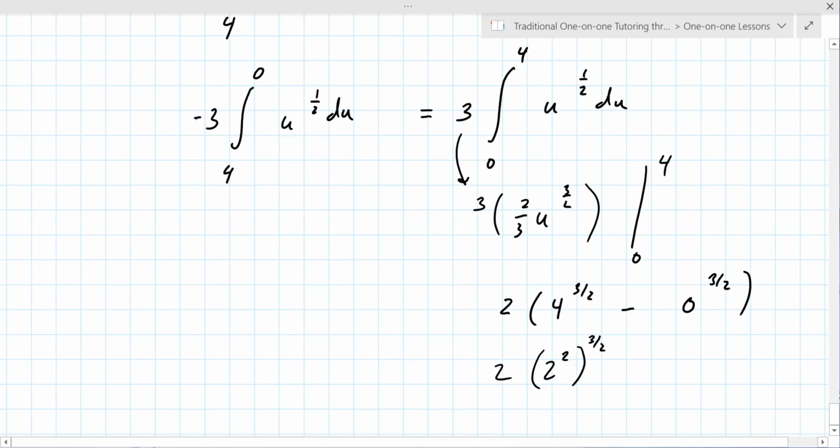So the 2 times 3/2, the 2's cancel, just 3. 2 to the 3rd is 8 times 2 is 16. So you end up getting 16 times the 3, which is 48.